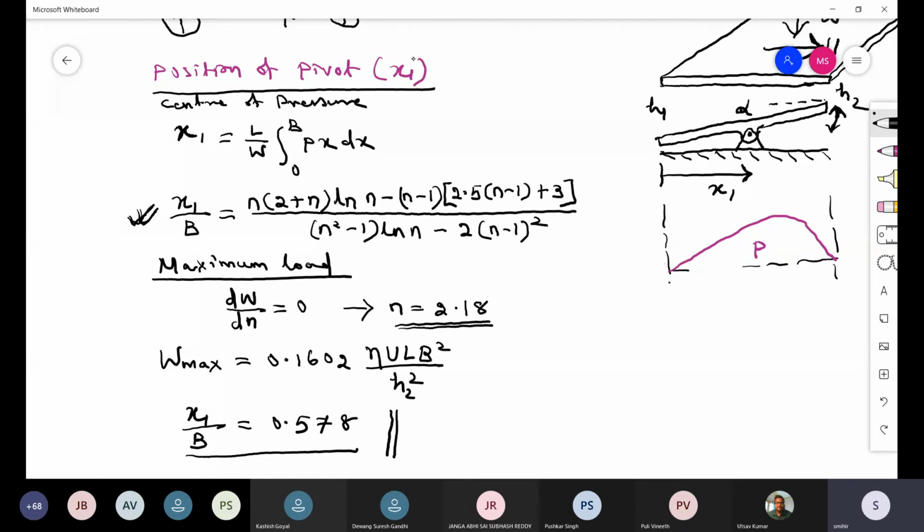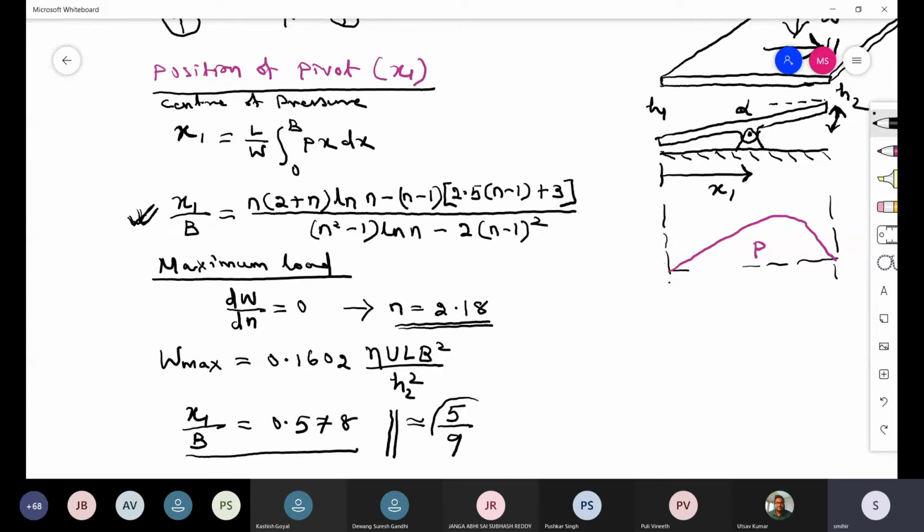So people approximate it, they use it as 5 by 9, which is coming approximately 0.556. So it is easier to actually design and measure the things. But in today's world, we can also go very close to 0.578. So there is no problem.